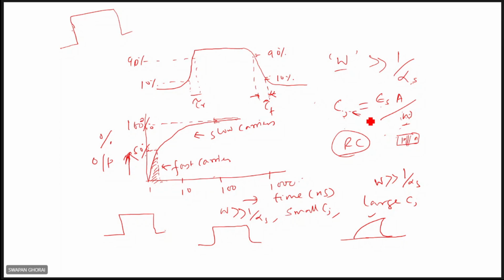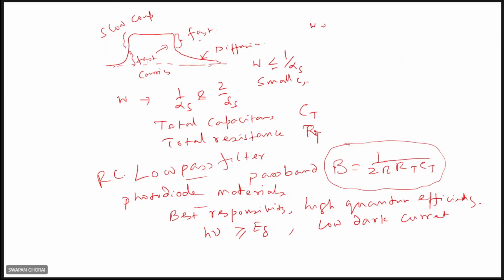So there must be a trade-off between the depletion layer and the response speed. Also, if capacitance is very large, then the RC time constant will be quite large, and that will limit the response time. So some compromise is needed between high frequency response and high quantum efficiency.